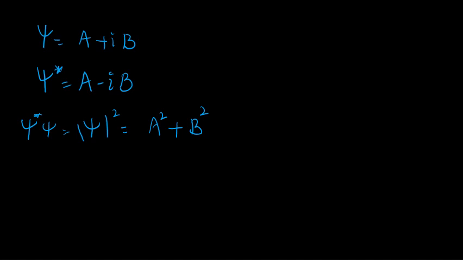So psi itself is a complex quantity and has a complex conjugate, but the psi amplitude square is always a positive real number. Its probability of finding is always a positive and real quantity.